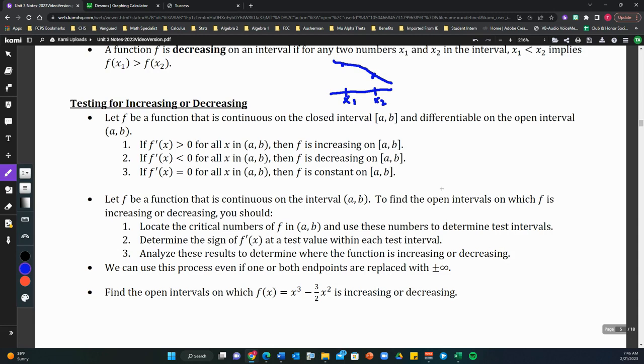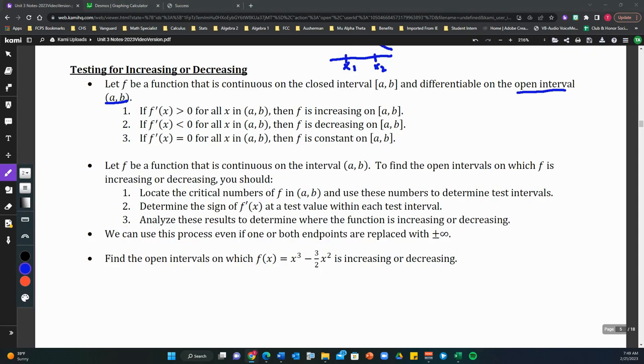We lose the endpoints for differentiability because we can't do the slope of the secant line trick and turn it into a tangent line at the endpoints. When we're testing a function to see where it's increasing or decreasing, there are basically three cases that we can end up with.